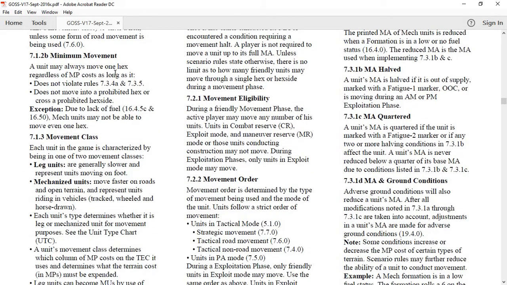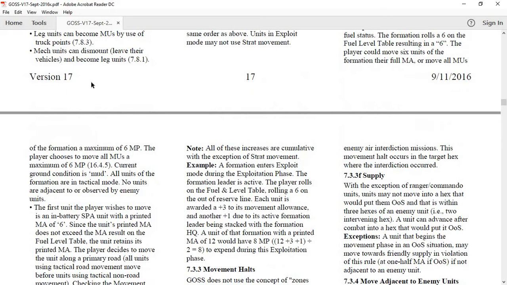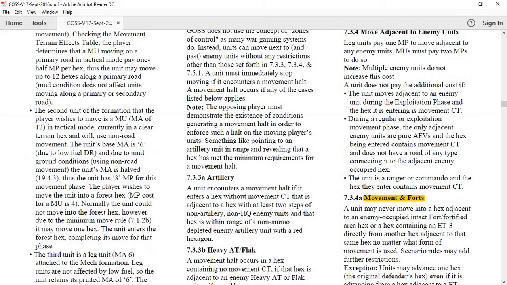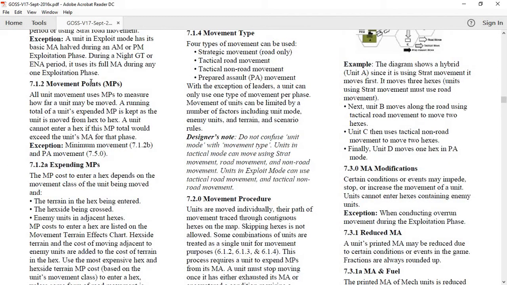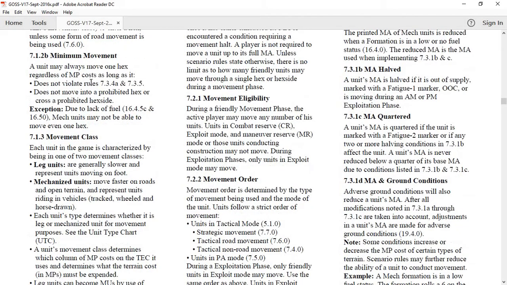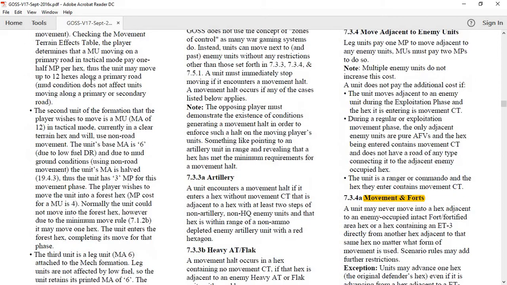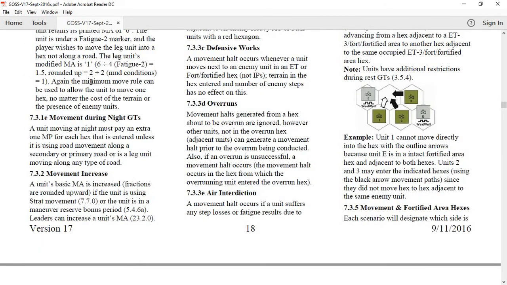Minimum movement. A unit may always move one hex regardless of MP cost as long as it does not violate rules 734A. What's that about? 734A, 735. I'm going to look real quickly. 734A, movement and forts. 735, movement and fortified area hexes.